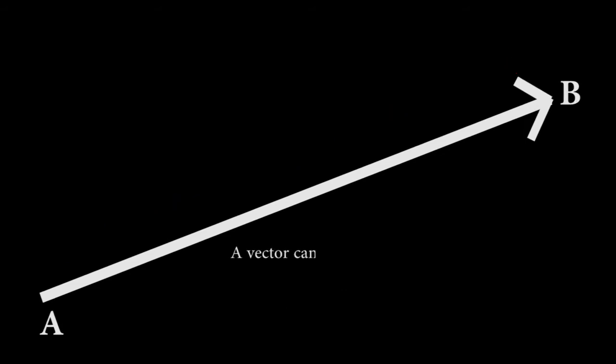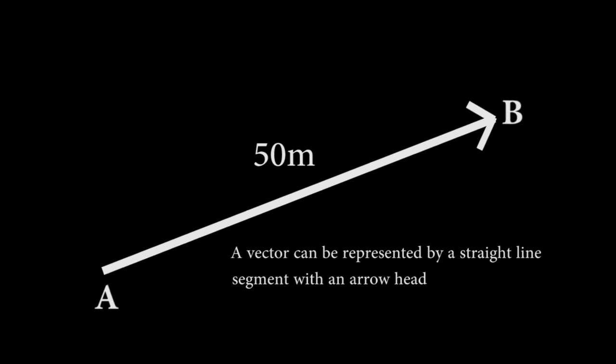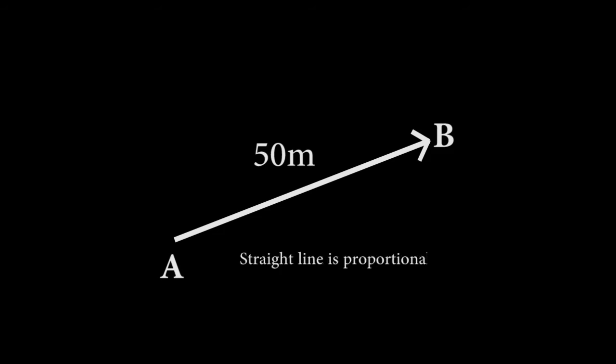A vector can be represented by a straight line segment with an arrowhead. Let's say the magnitude is 50 meters, then the representation of the vector is like this. Therefore, it is represented by a straight line proportional to the magnitude.